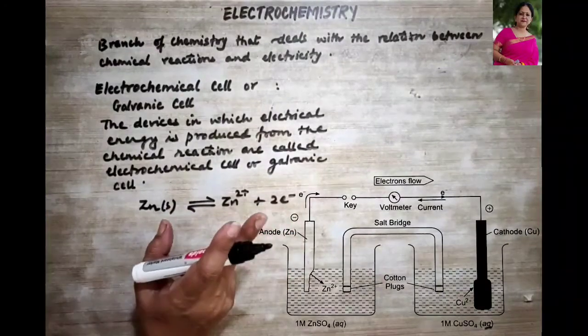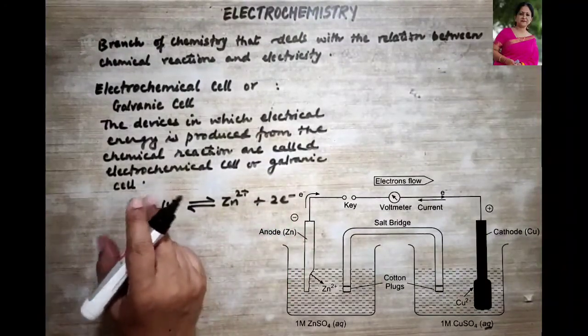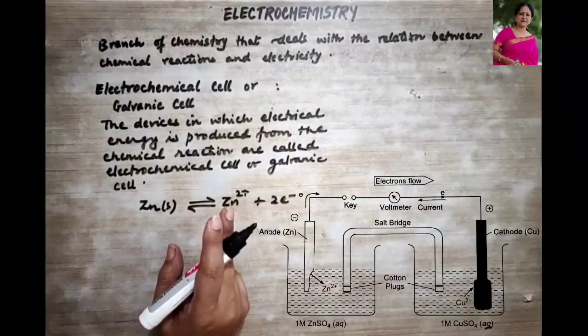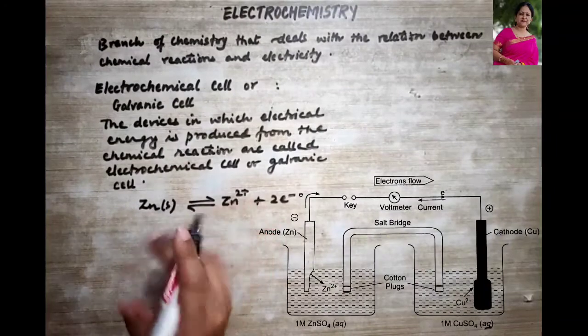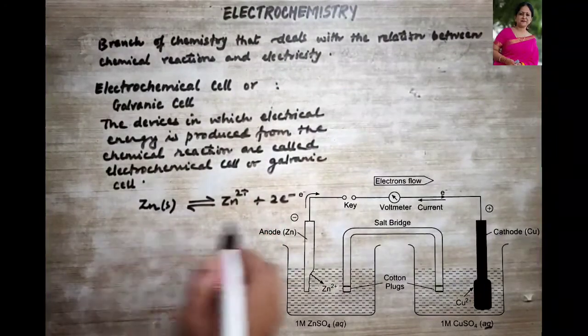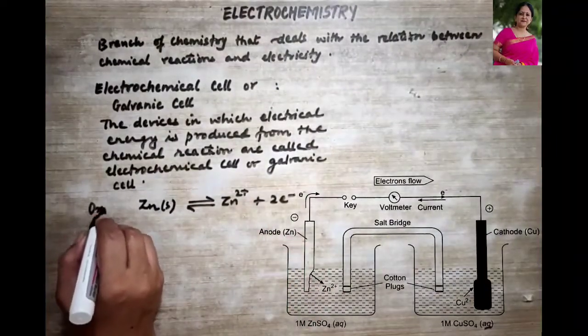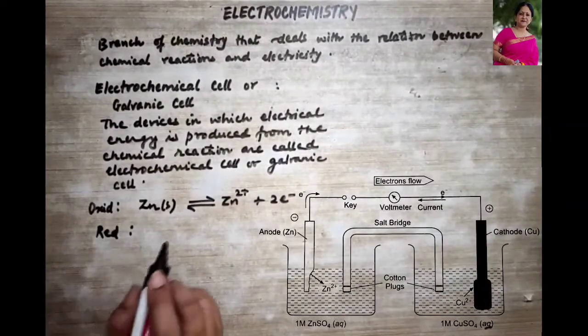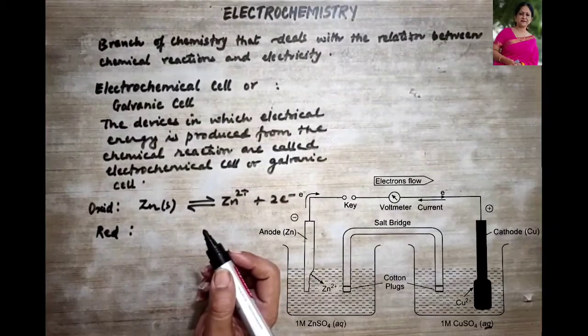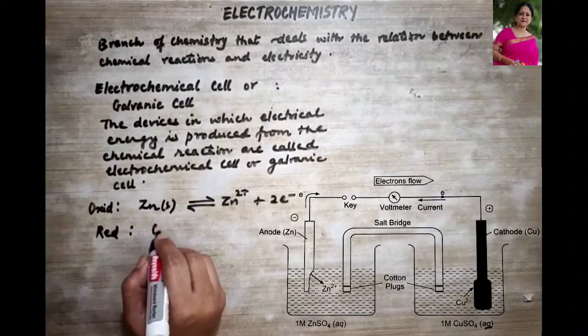Now at the copper electrode, reduction will occur and here copper is going to act as a cathode, right? So that was the oxidation and now reduction will take place. So the reduction half cell reaction, how are we going to write?